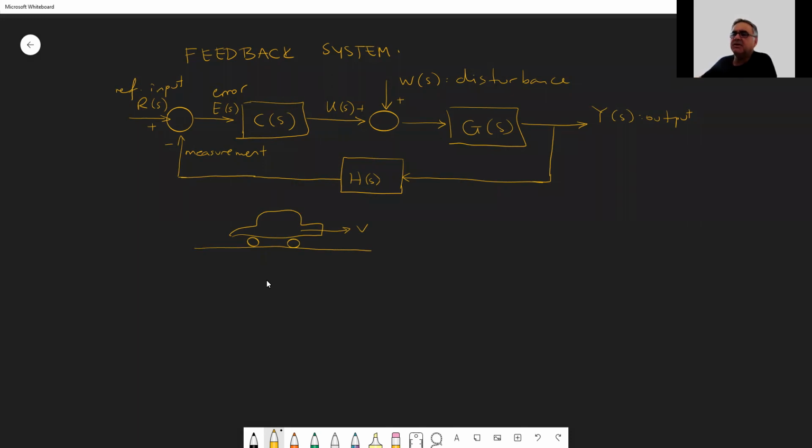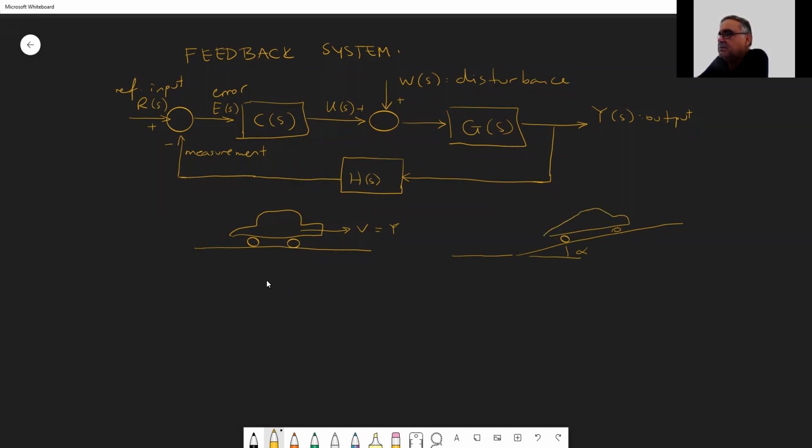You give a certain reference speed, let's say 90 kilometers per hour, and the car goes at 90 kilometers per hour. So this is the output, and the reference input is the desired value of output. Then you suddenly encounter a slope on the road, like alpha or something.